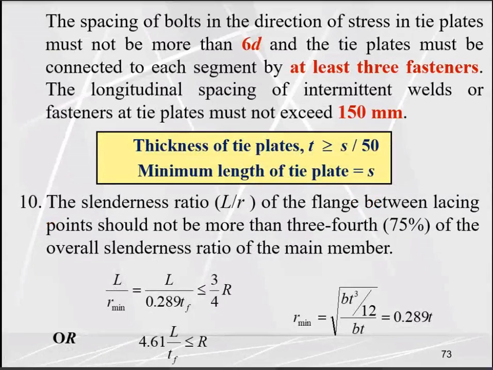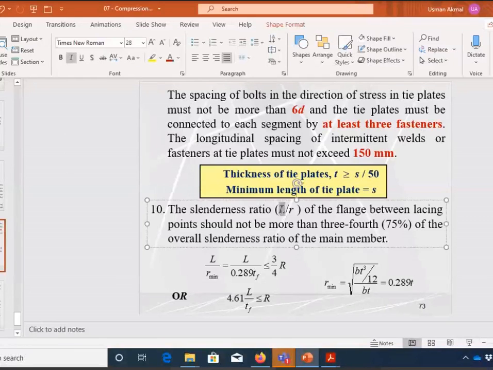So what is the L over R minimum? L is equal to the length, or here I will use the word A, because we have used the same A value in our built-up section with stay plate. So A is the unconnected portion.